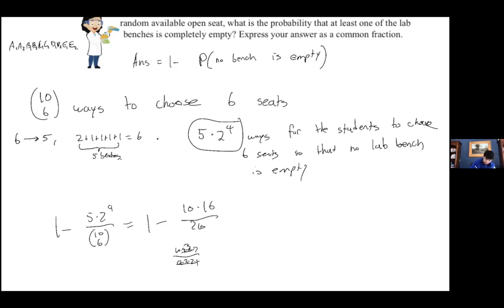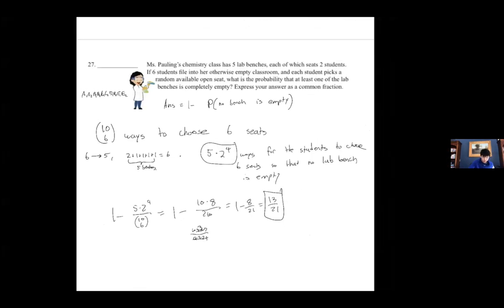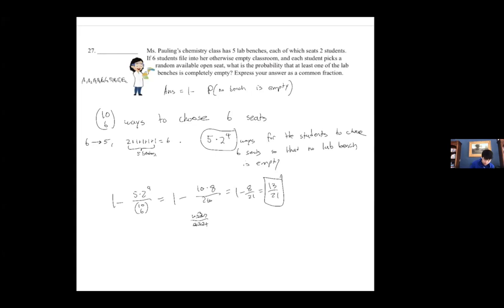This part isn't terribly important. And you get 13/21sts. So yeah, the important thing there is to let 10 choose 6 equal 10 choose 4 to make the calculations easier. And then you get the answer.